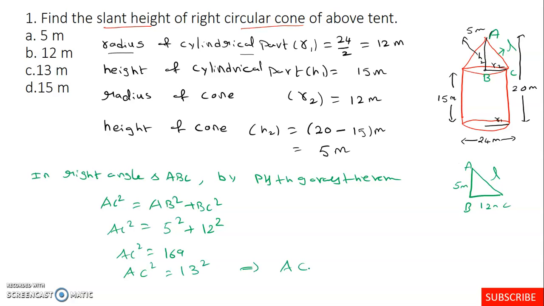That implies AC is 13. This is called slant height of cone. So, slant height of cone, how much came? 13 meters. So, option C is correct.